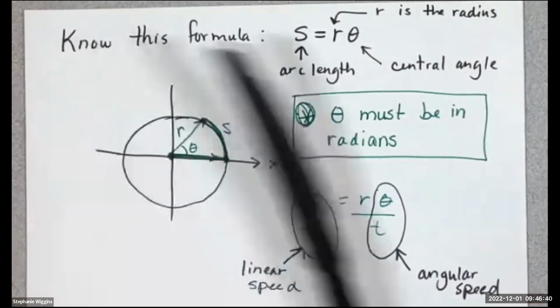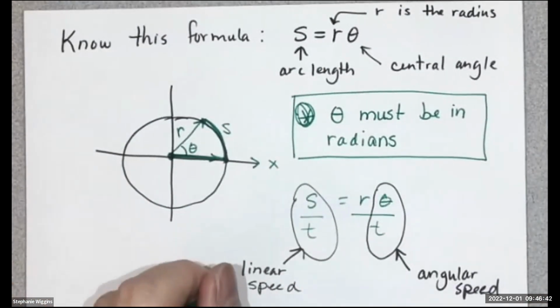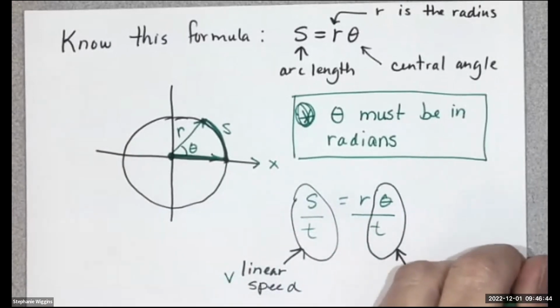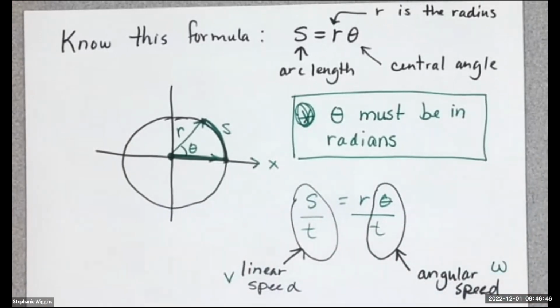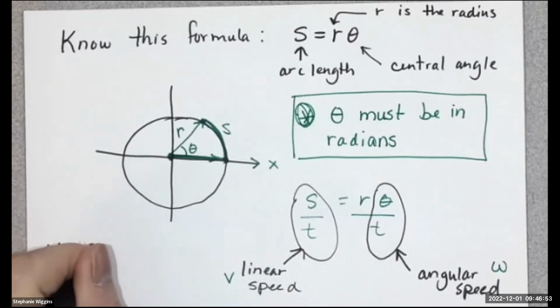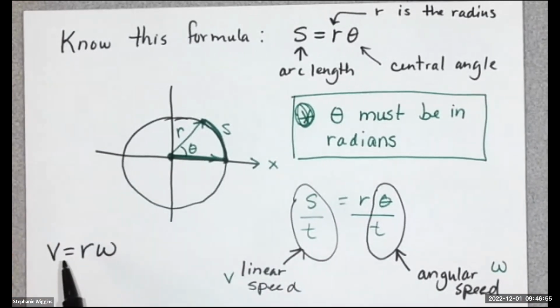So the linear speed, we say V, and the angular speed, we say omega. So that produces a new equation. V equals R omega. And this relates linear speed with angular speed.